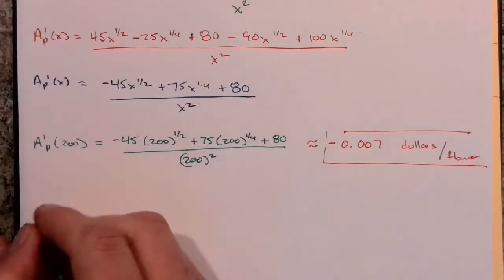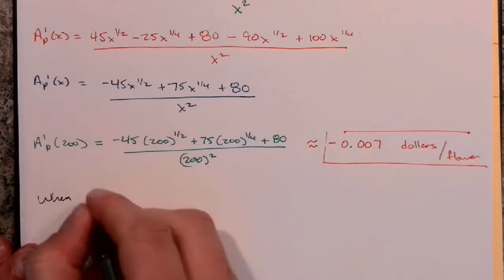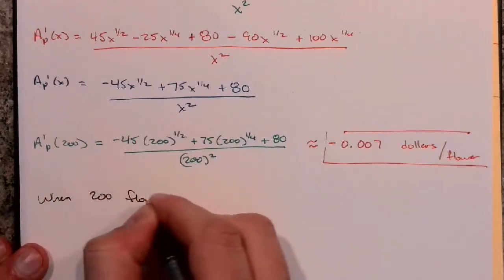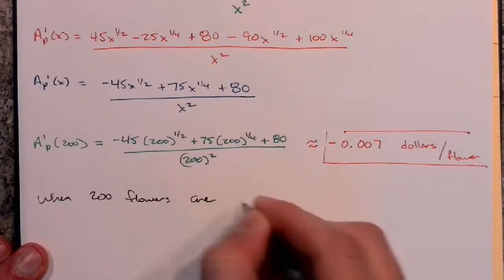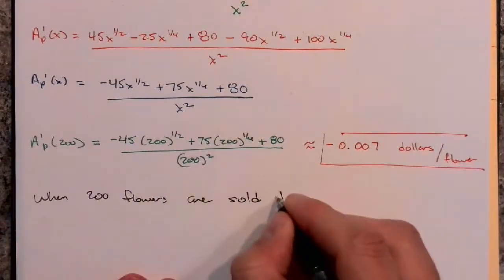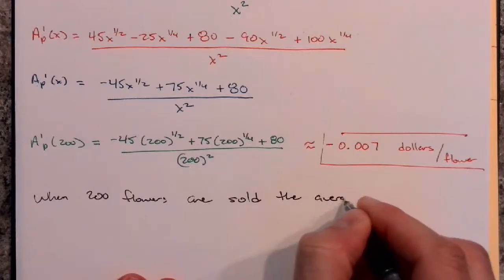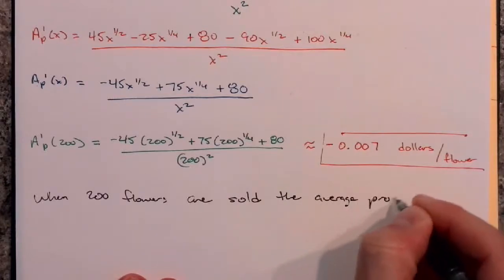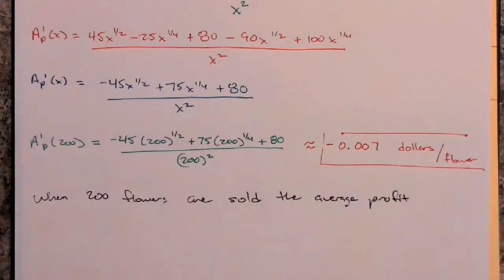So when 200 flowers are sold, the average profit, remember we're trying to find the rate of change of the average profit. Well, how does it change?